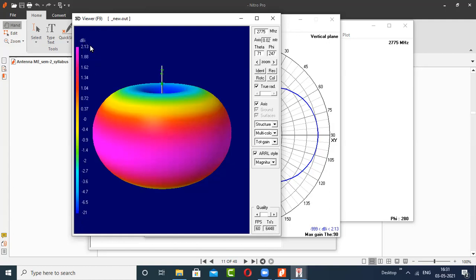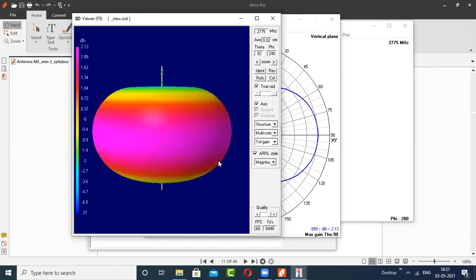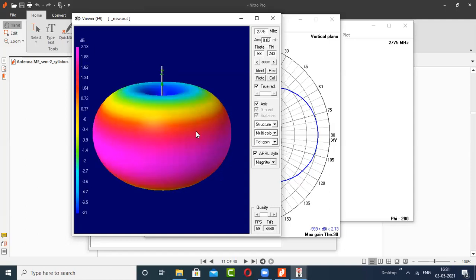But what will the value in dB be? 0. 0 dB comes only if the actual figure is 1, since log of 1 is 0, right? So the gain of an isotropic antenna is 0 dB, but the gain of the dipole antenna is 2.13 dB.